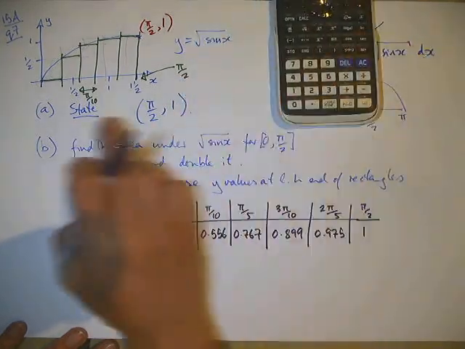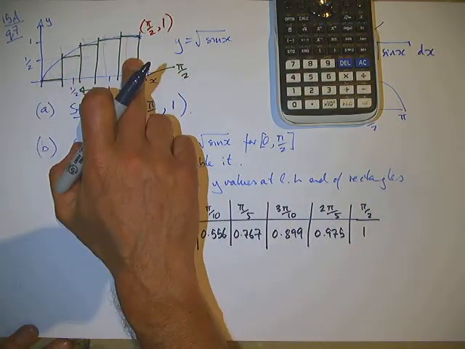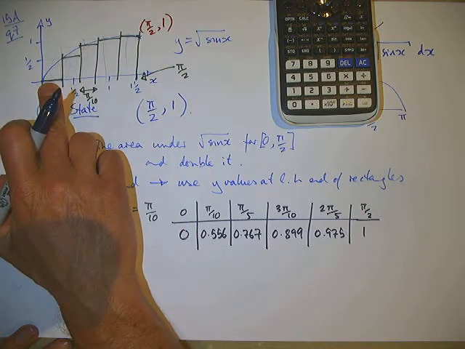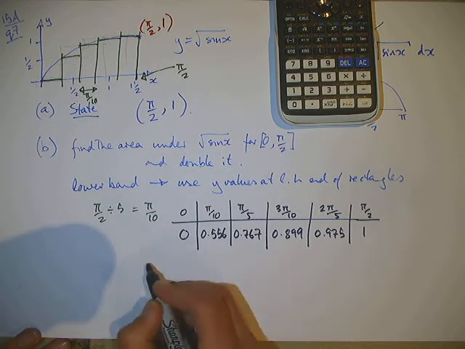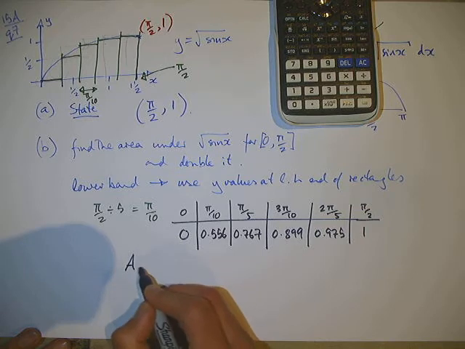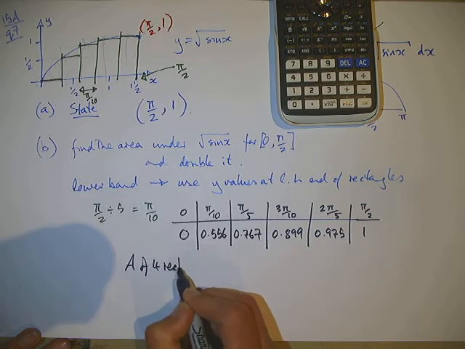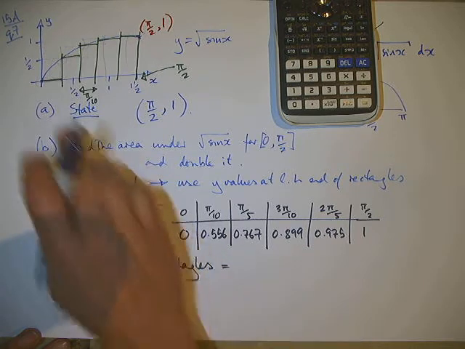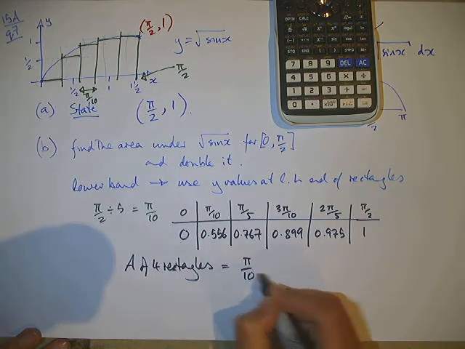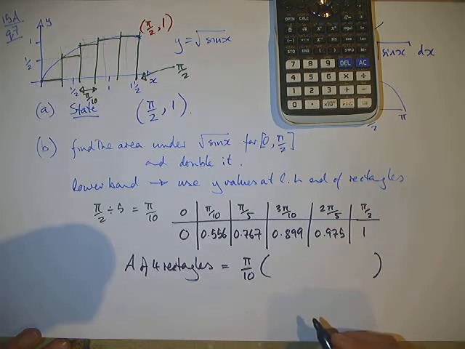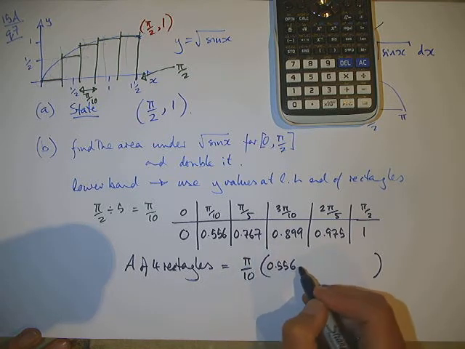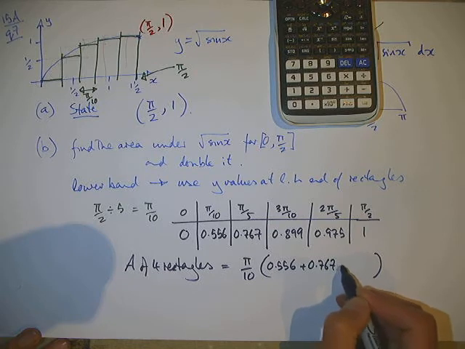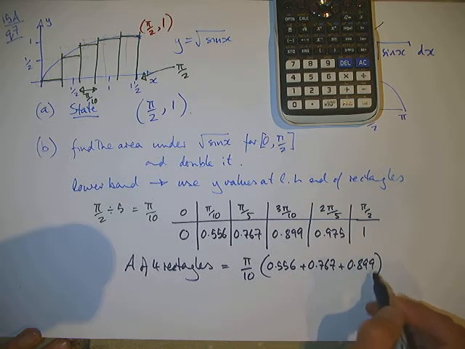So the area of these 4 rectangles, 5 if you count that one with an area of 0, but 4 actual rectangles, is, they all have a width of pi by 10, so that can go outside a pair of brackets, and it's pi by 10 multiplied by that, pi by 10 multiplied by that, and by that, and by that.